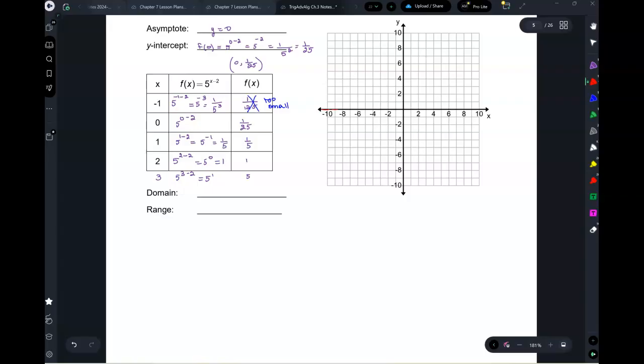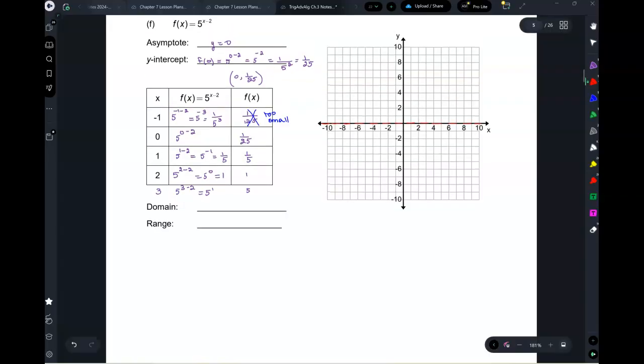So let's do this. 0, 1 over 25. I mean, that is really close to the asymptote. 1, 1 over 5. Then at x equals 2, y equals 1. At x equals 3, y equals 5.